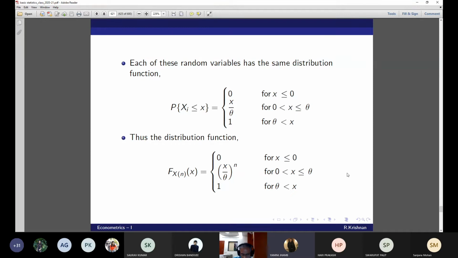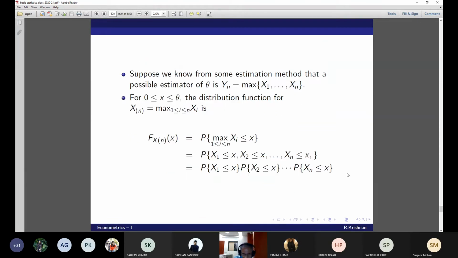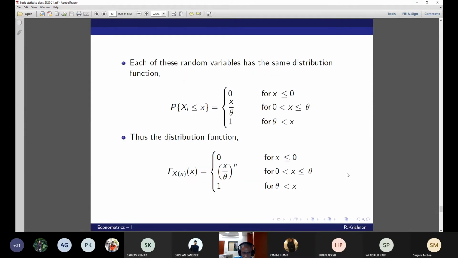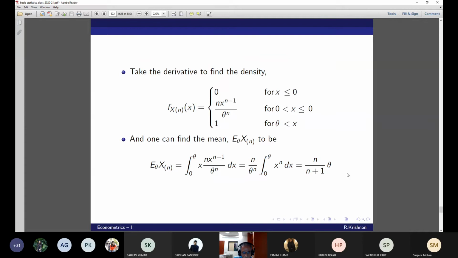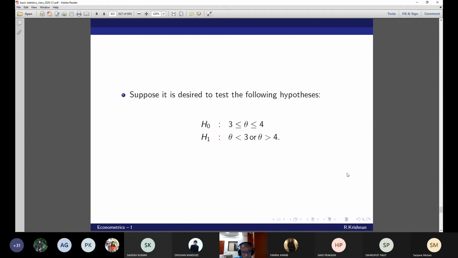Do we know this n? That is why I'm writing this. X power n could ultimately be Yn, but I'm continuing with Xn only. Xn will be the nth order statistic, which will be the max. Now take the derivative to find the density, and one can find the mean E_theta(Xn) to be n over n plus 1 times theta.